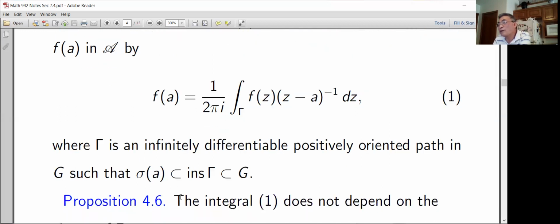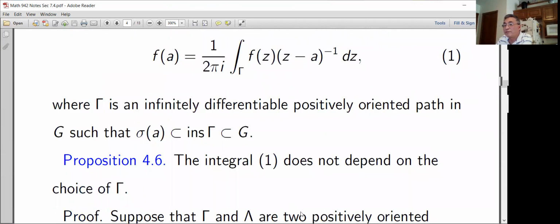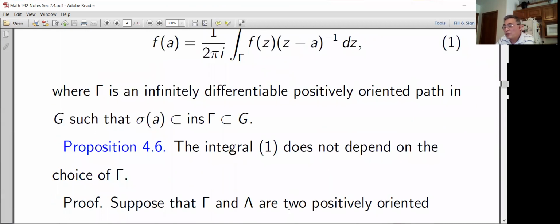So now we want to prove that this is well defined. Proposition 4.6: the integral does not depend on the choice of gamma. Proof.